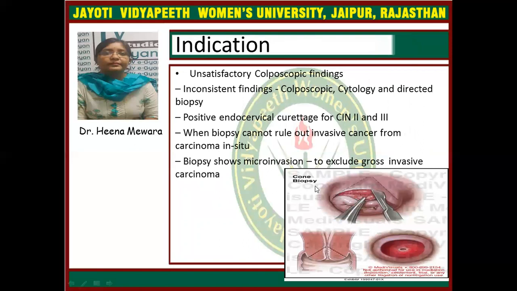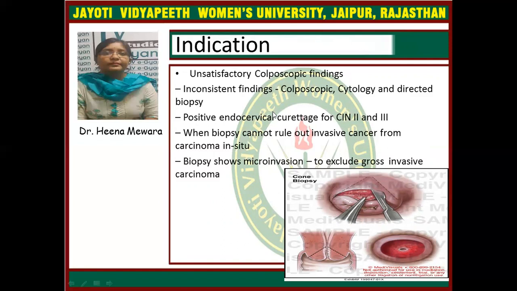Now, what are the indications of cone biopsy? When the unsatisfactory colposcopic findings are found, the entire margin of lesion is not visualized, then cone biopsy is taken. Inconsistent findings in colposcopy, cytology, and directed biopsy also indicate cone biopsy.